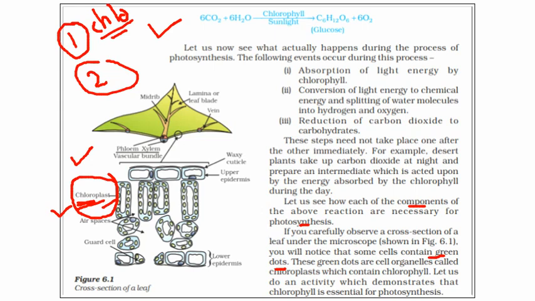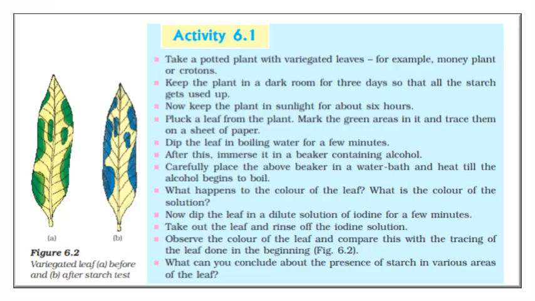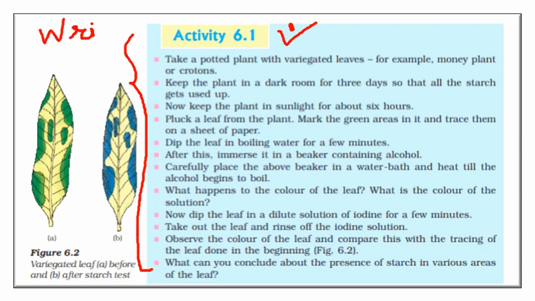This activity shows that chlorophyll is essential for photosynthesis. After watching the video you have to read the whole points of the 6.1 activity, and write this activity down in your notebook also.